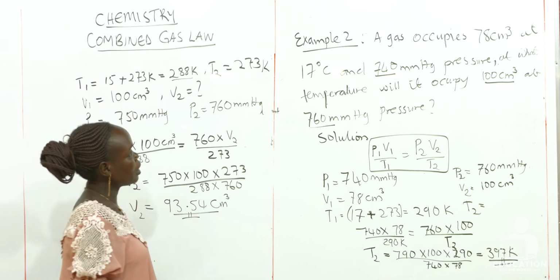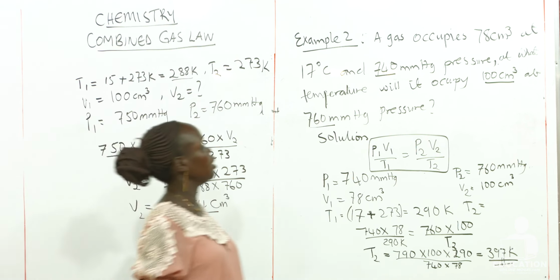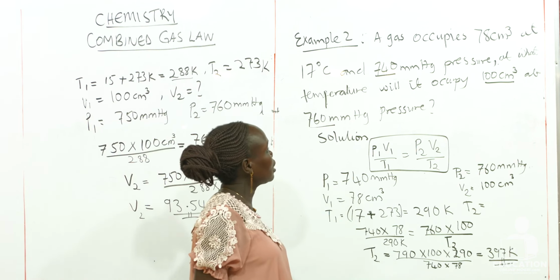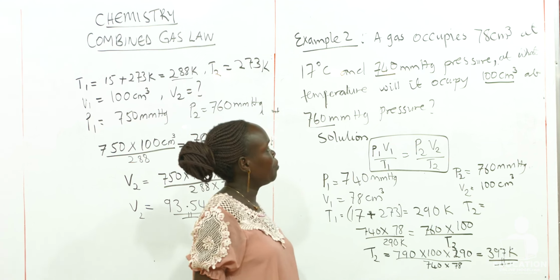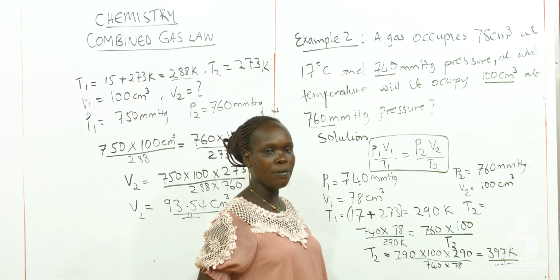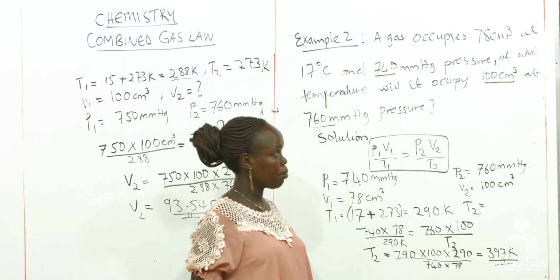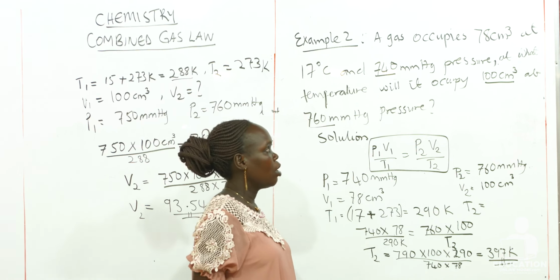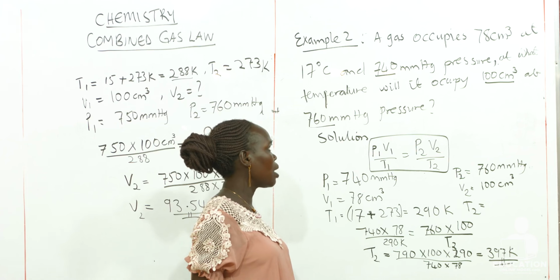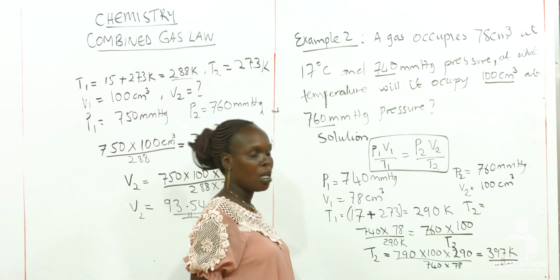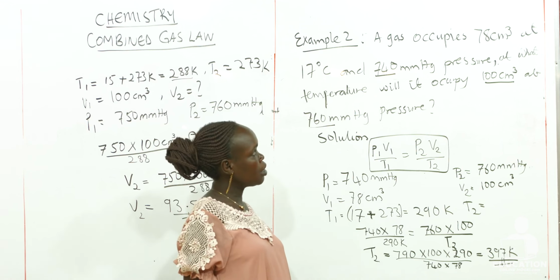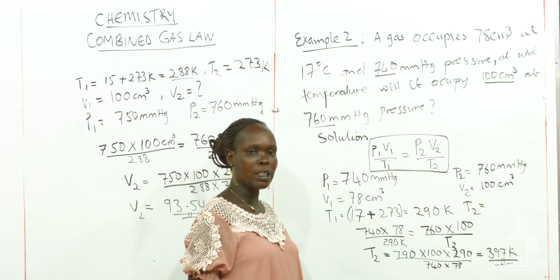So we have seen that the gas occupies 78 centimeter cube at 17 degrees centigrade. It has a pressure of 740, and here we represent it as pressure 1. At what temperature will it occupy 100 centimeter cube at 760, which is the pressure? In this case, what is required is the temperature.